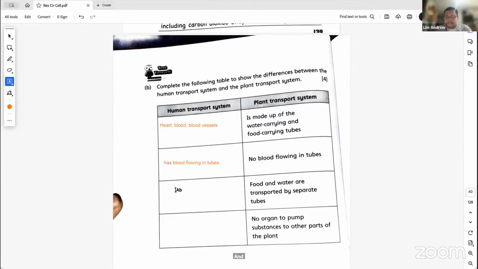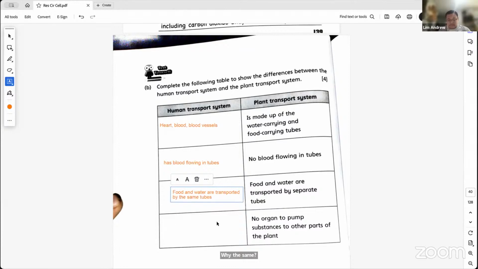Food and water are transported by separate tubes in plants. However, for humans, food and water are transported by the same tube. All right.